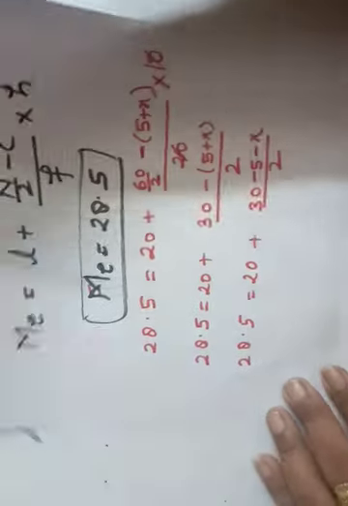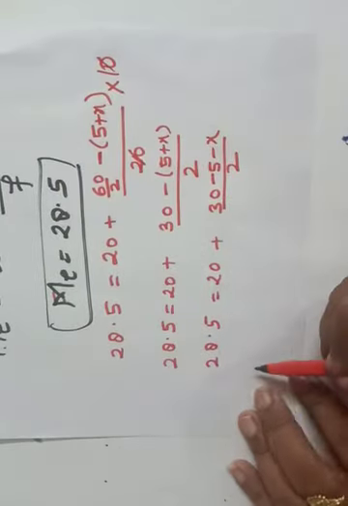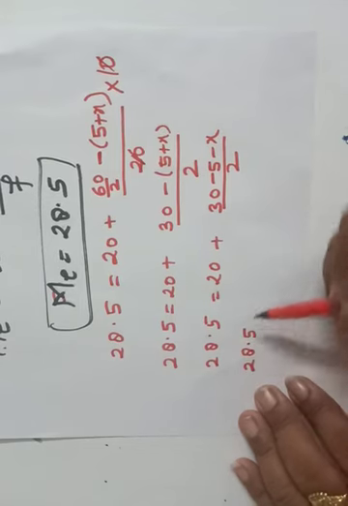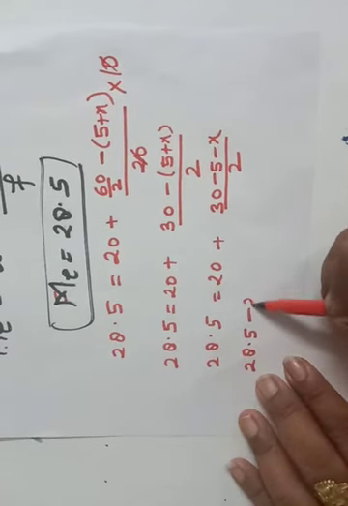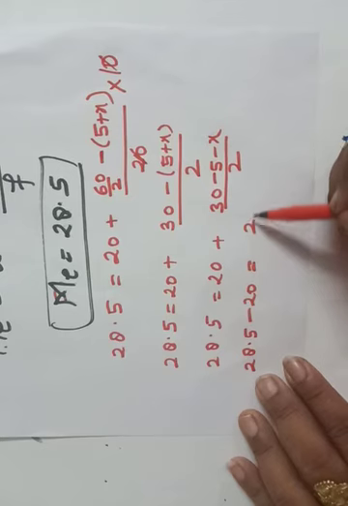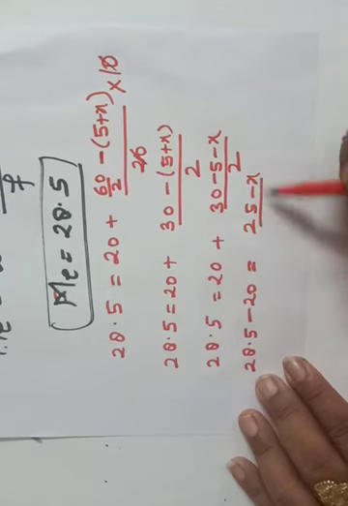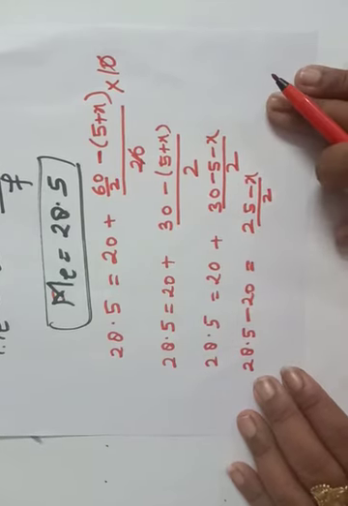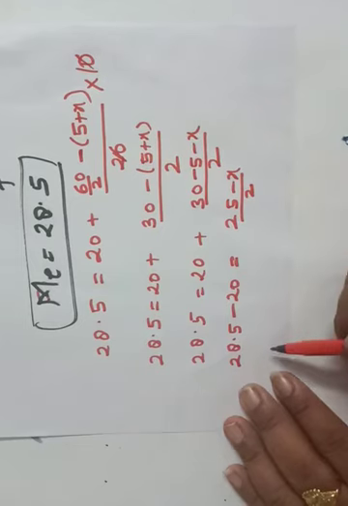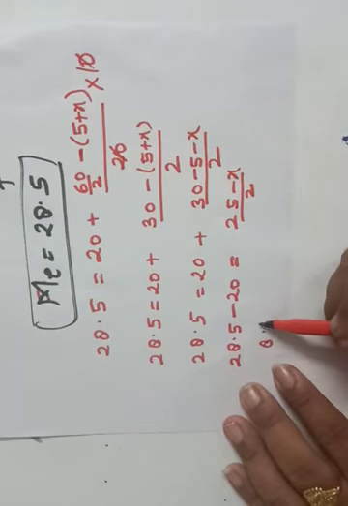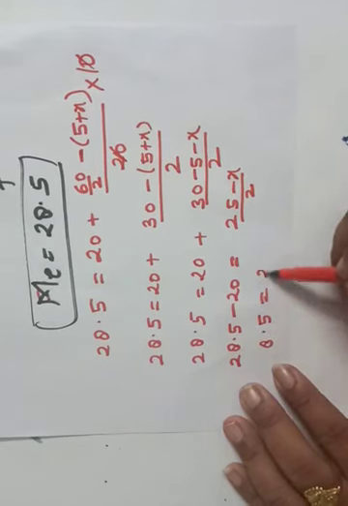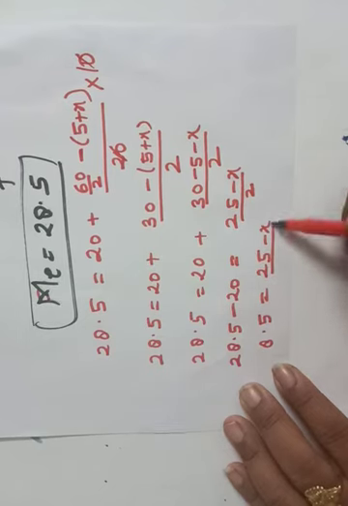Yes, so let's take 20 to the left hand side. So 28.5 minus 20 is equal to 25 minus x upon 2. So 8.5 is equal to 25 minus x upon 2.